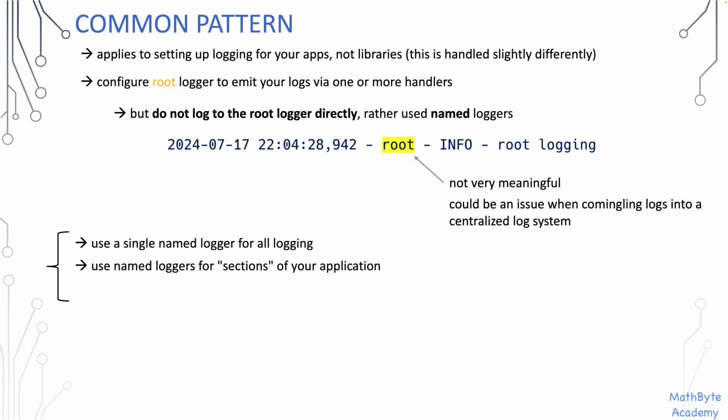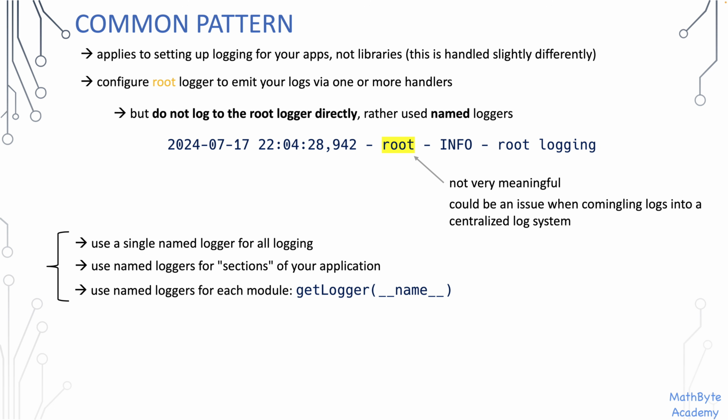Maybe I just have services, and everything under services is going to use the services logger. Everything under the models module, let's say, is going to use the models logger. Everything under the API, if you have an API module, whatever it is, and you can section off basically chunks of your application into these loggers.